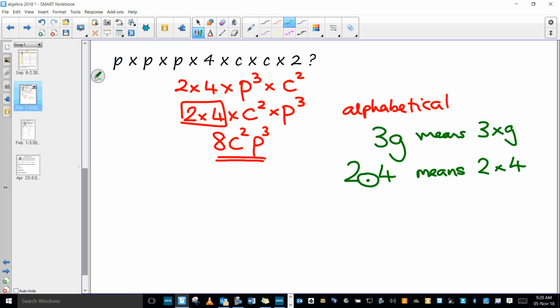So that's not unfamiliar to you. When we're talking about algebra, if you see things with a dot, it doesn't mean it's a decimal. The decimals would be up in the middle. So if it's at the bottom, it means they're being multiplied by each other. A circle with a dot in it? Oh no, no circle. It's just like this. I just circled it because I was stressing it.